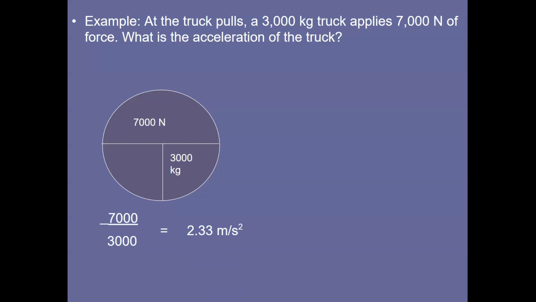Now you might be curious, how does a newton divided by a kilogram make meters per second squared? And that is because newton is what we call a derived unit. So it doesn't show you that it has meters per second squared in it. We just need to remember that it is a meter per second squared for acceleration. Okay.